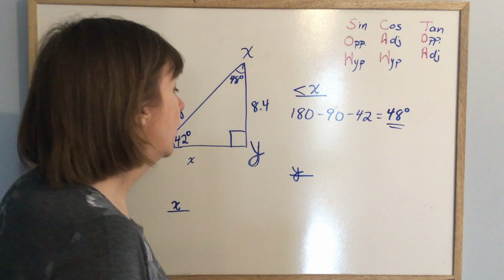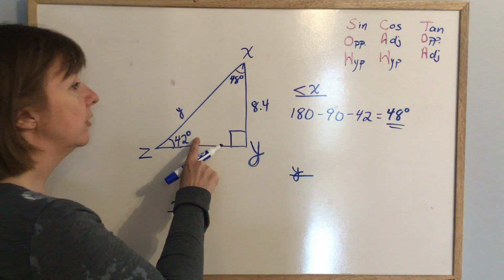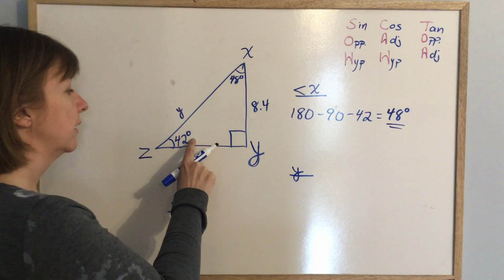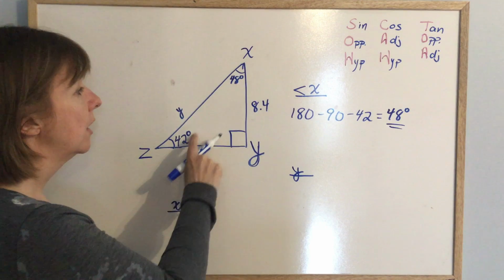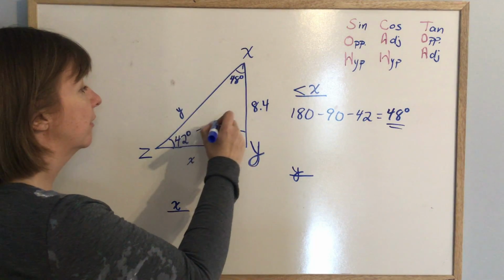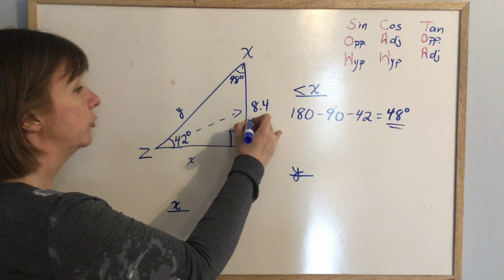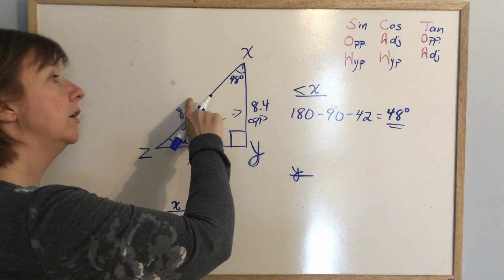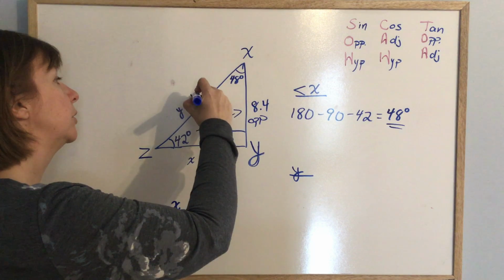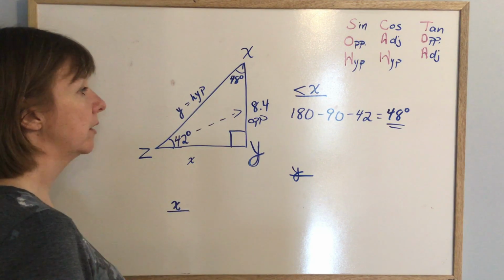So side Y, here's what I would do. If this is my reference angle, I know this side over here, which is opposite this angle, and I want to know this side over here, which is the hypotenuse.